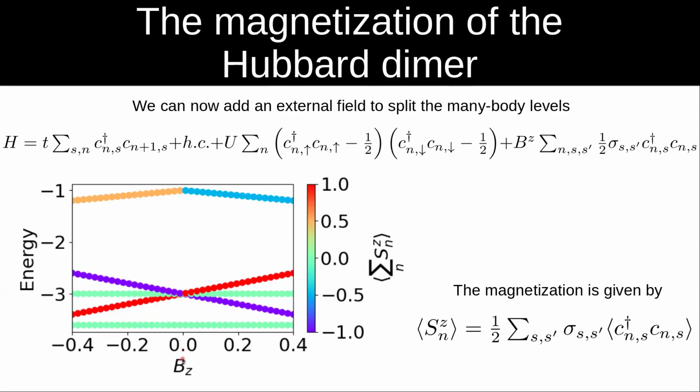So if we start with the case phi set equal to 0, we have effectively one ground state and then 3 excited states. And as you increase the value of the external magnetic field, what you observe is that these 3 excited states split, and you get a splitting that is linear with the magnetic field.